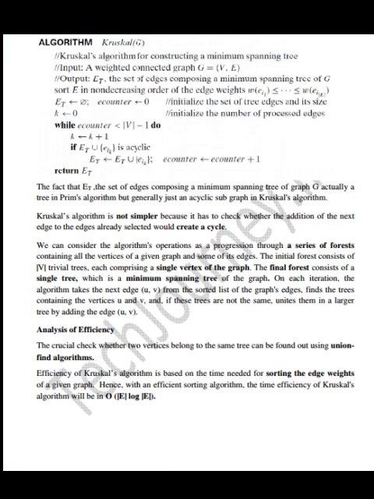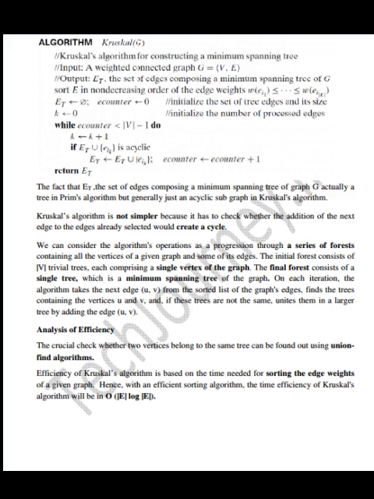The set ET, the set of the edges composing a minimum spanning tree of the graph G, is actually a tree in Prim's algorithm, but generally just an acyclic subgraph in Kruskal's algorithm. Kruskal's algorithm is not simpler, because it has to check whether the addition of the next edge to the edges already selected would create a cycle.